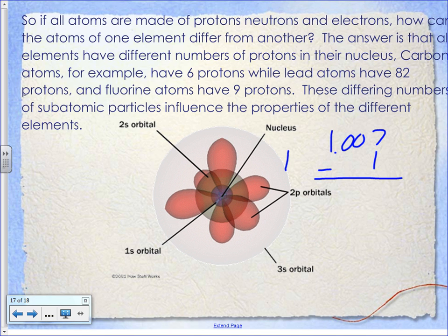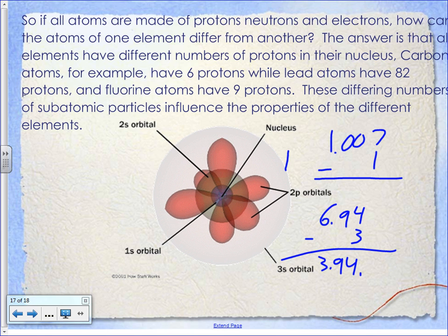So if we look at something like, let's say, lithium, lithium's atomic number is 3. If we take its atomic mass, which is 6.94, minus 3, we're left with 3.94. How many neutrons do you suppose are in there? 4. Does that sort of make sense?